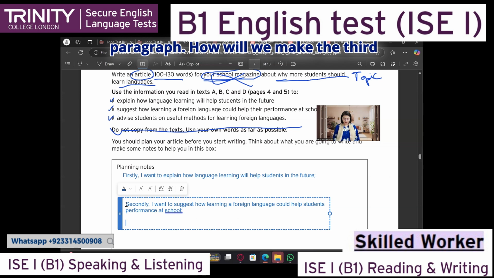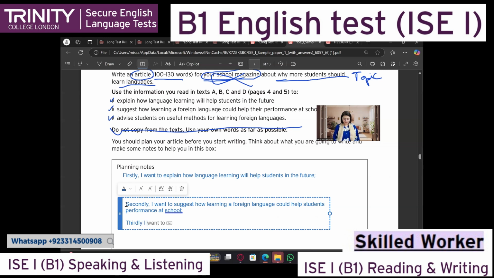How will we make the third one? Thirdly, I want to advise students on useful methods for learning foreign languages.